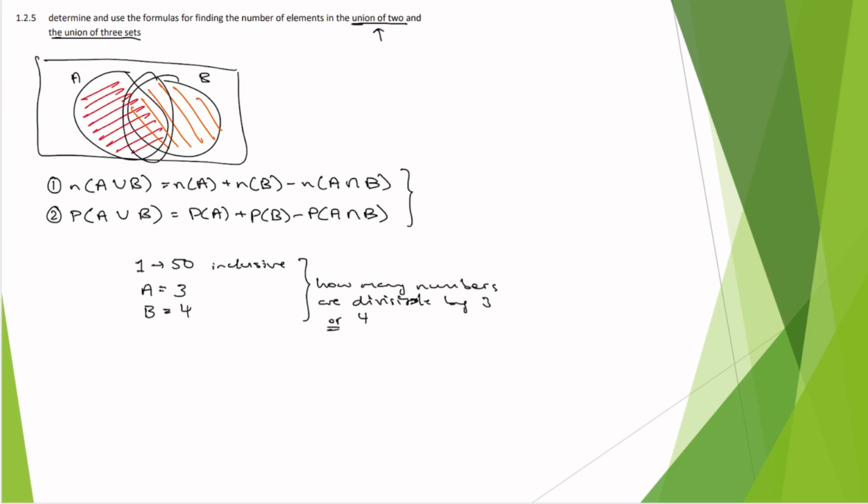To do that, we first consider the cases where they're divisible by 3, then the cases where they're divisible by 4, and then the cases where they're divisible by 3 and 4. Divisible by 3 and 4 means divisible by the lowest common multiple of 3 and 4, which is 12.